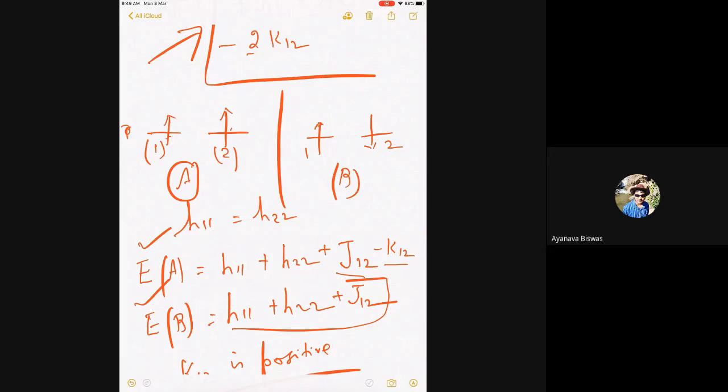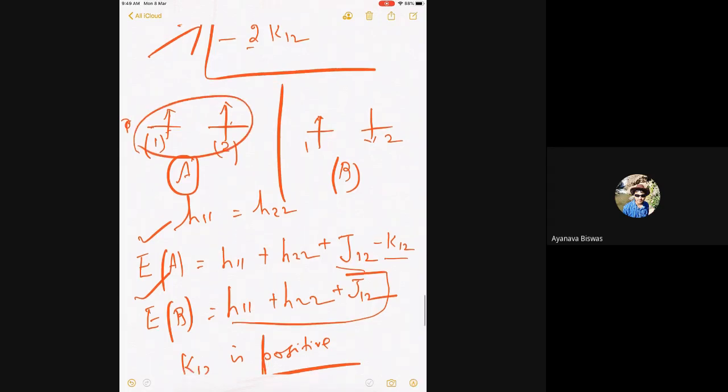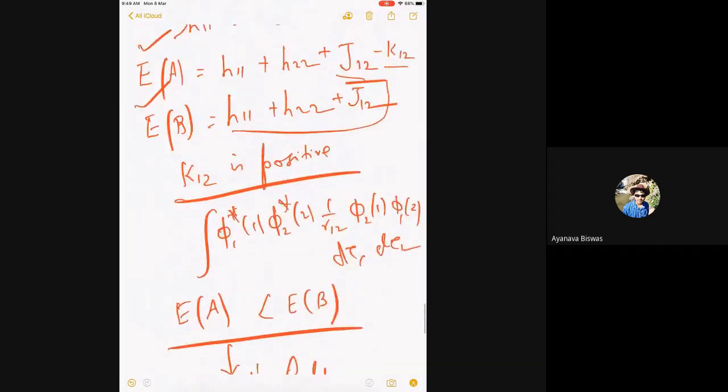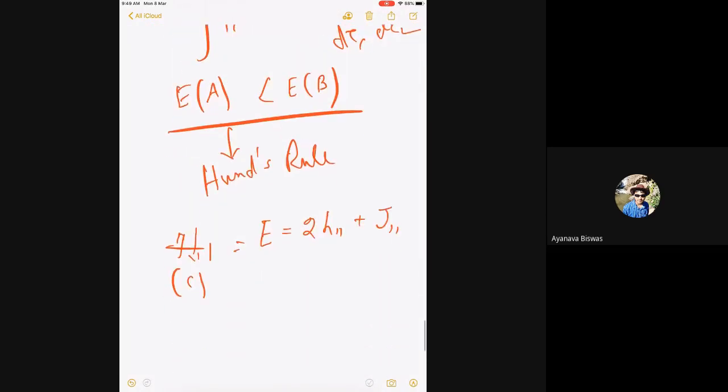So it says that if you have two degenerate orbitals, they will do parallel spin. And they will not even become anti-parallel. So for example, I can take a system C, if you are worried about that. System C, I can write down the energy. Energy is 2H11 plus, again, just J11. But now, this was 2 here.